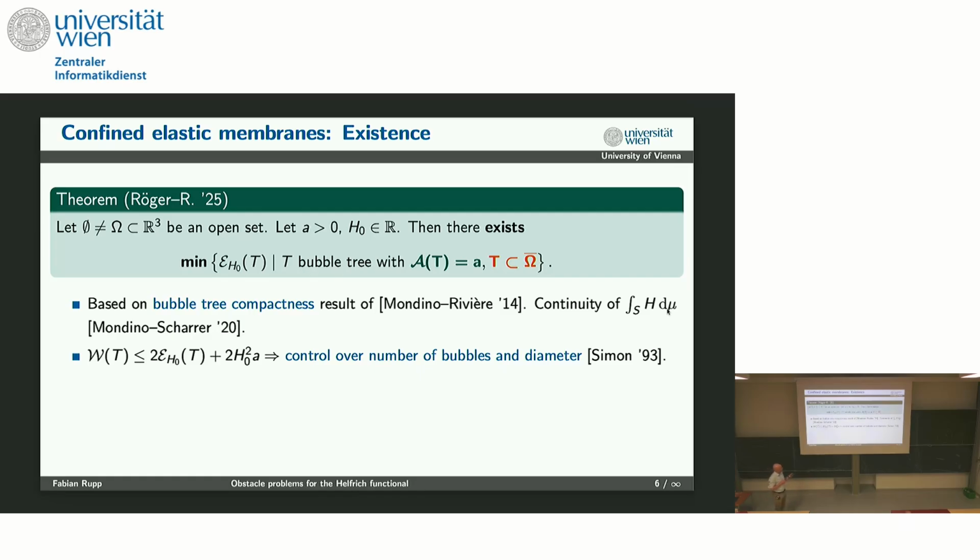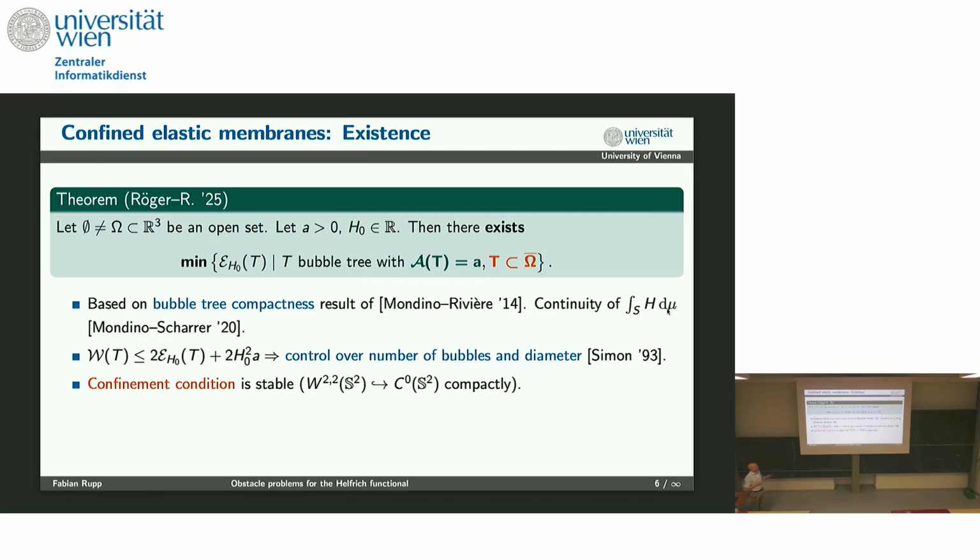And this gives various things. For instance, it controls the number of bubbles a priori, because the Willmore energy is always bigger than 4 pi. This follows from the Li-Yau inequality as well. So the number of bubbles is a priori a finite number, and this inequality, together with an estimate of Lee-Simon, gives a control on the diameter along the minimizing sequence. This is enough to apply the compactness theory of Mondino-Rivière.